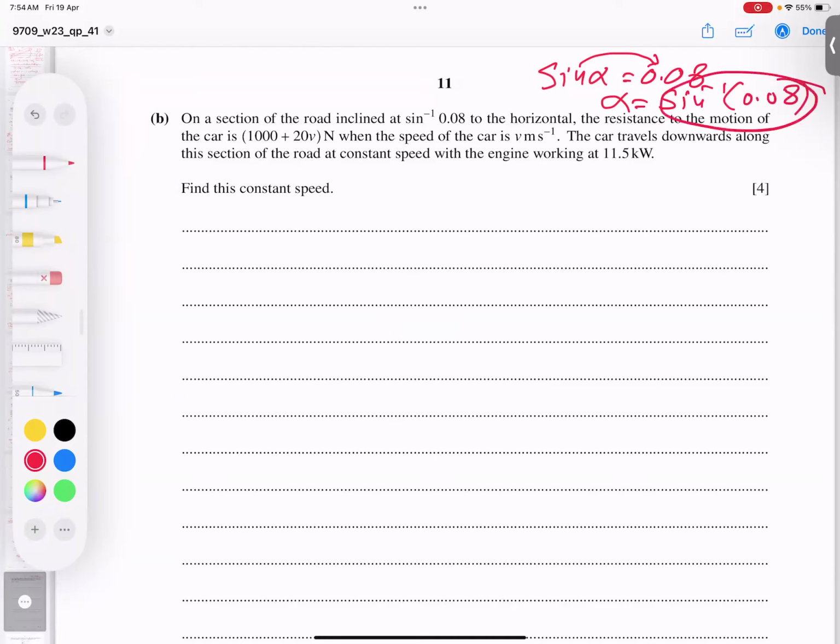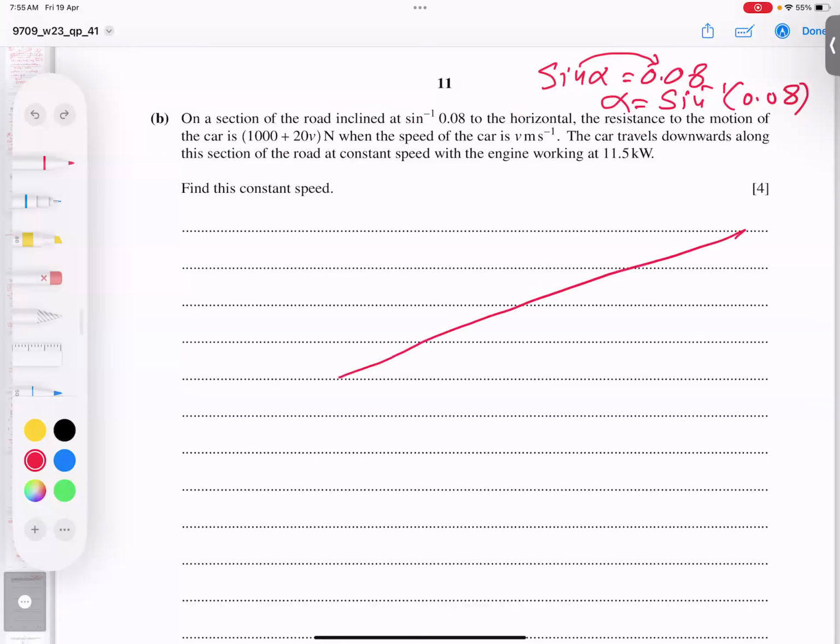So you use this, or you use 0.08 in the place of sine alpha. So I took it equal to alpha and brought the sine inverse to the left side, and I got this value. So let's proceed. It means the section is inclined, and friction and resistance to motion this time are given by this formula.